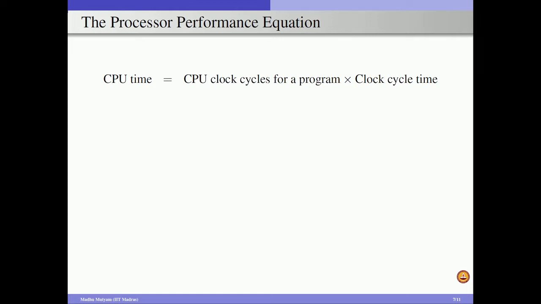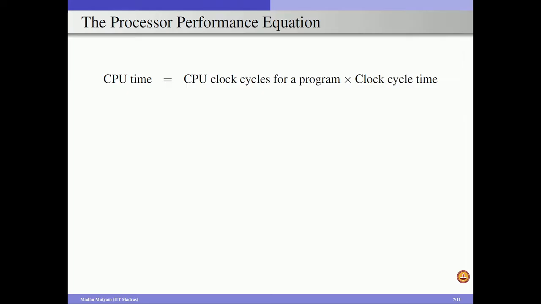Remember, if I just give you CPU clock cycles without considering the cycle time, it makes no sense, because I may say 100 CPU cycles on one processor versus 1000 CPU cycles on another processor, and the first processor is running at 10 megahertz frequency and the second one is working with 1 gigahertz frequency.